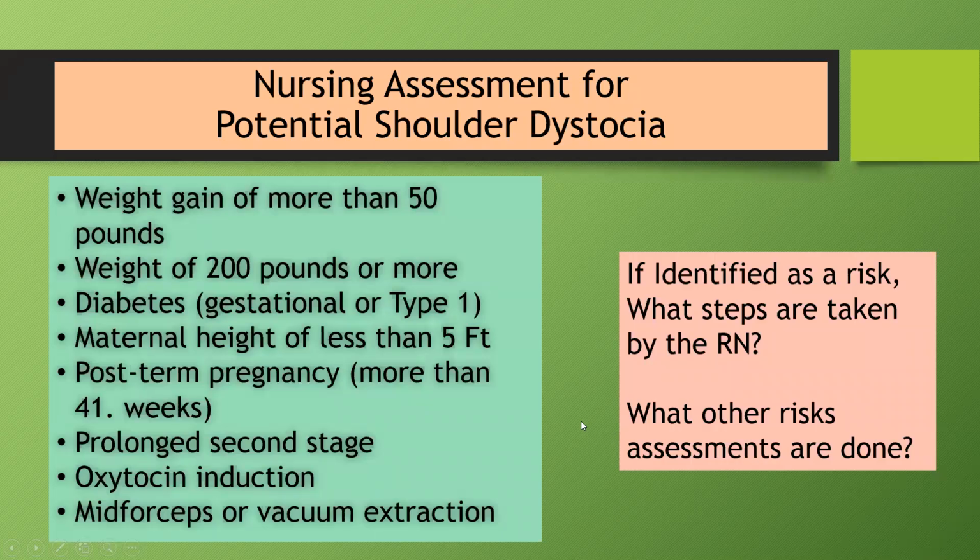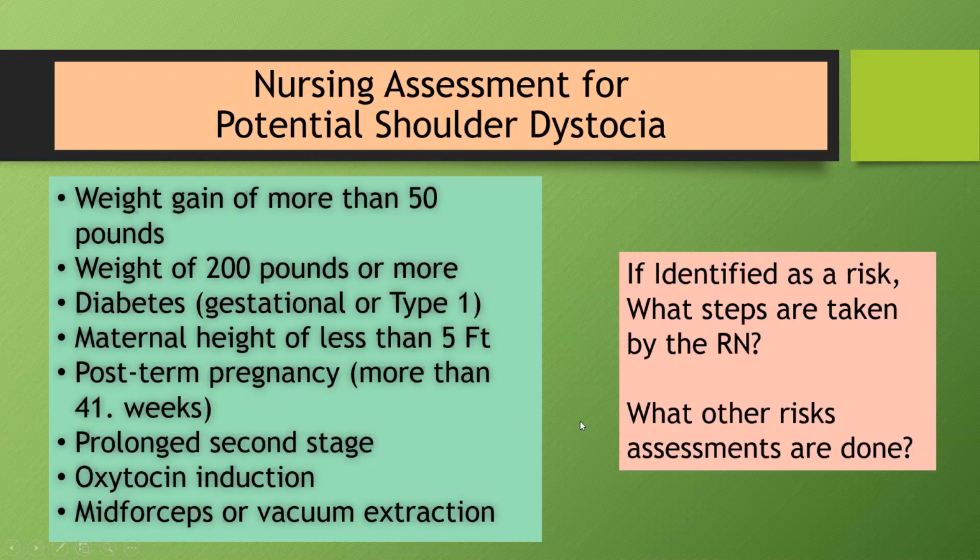So, nursing assessment for potential shoulder dystocia: any weight gain of more than 50 pounds during the pregnancy, a weight of more than 200 pounds before the pregnancy, any diabetes, either gestational or type 1 or type 2, a maternal height less than 5 foot, a post-term pregnancy, more than 41 weeks, a prolonged second stage, where she's been pushing for a really long time, or a prolonged first stage, where her cervix took forever and she got stuck at a certain number for a long time.